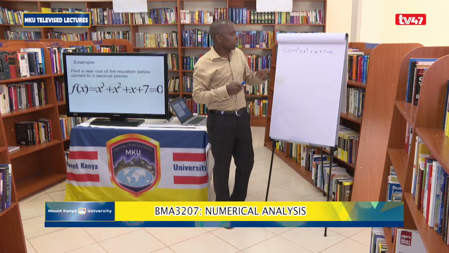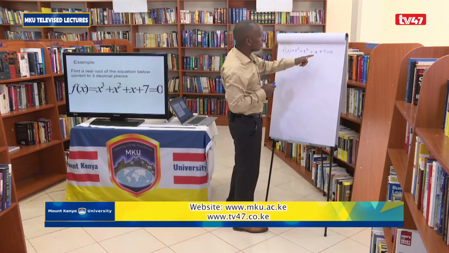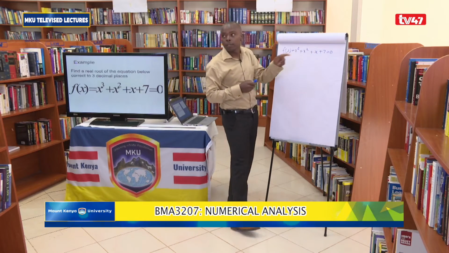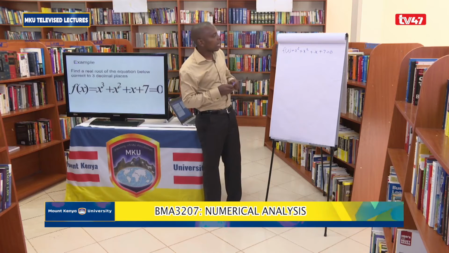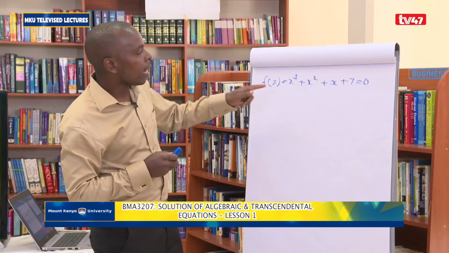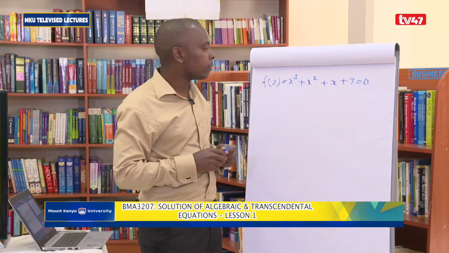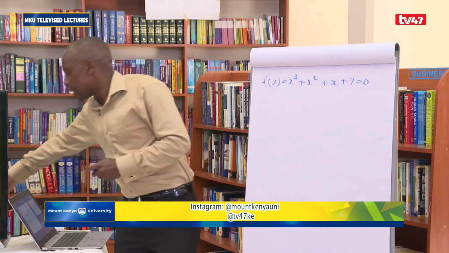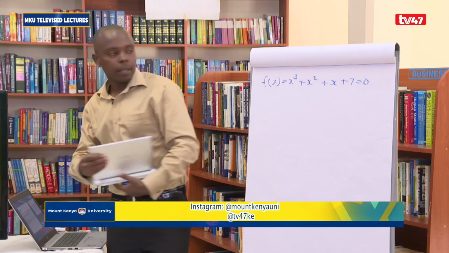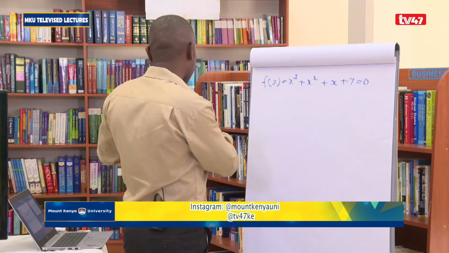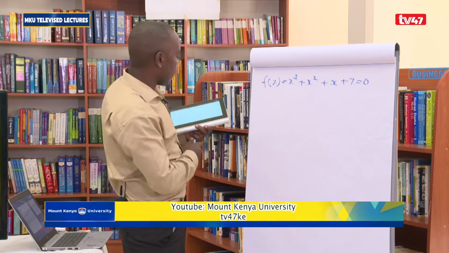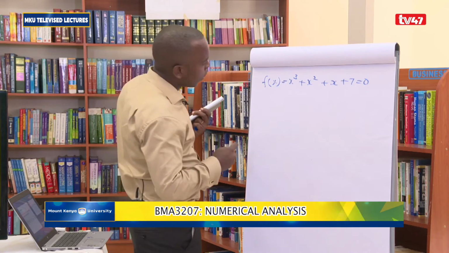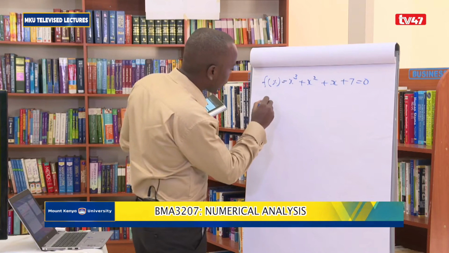This is a cubic function, and here we have a positive last value. As you can see, the root is likely to be a negative value. So we start with our first guess, and we can guess that the root is -1.